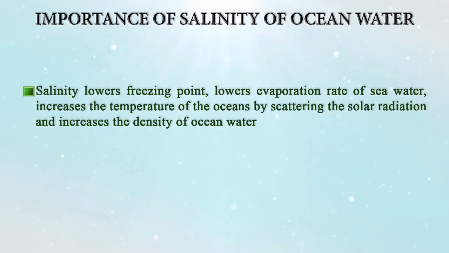Let me explain this. Seawater contains dissolved salts, and the most common salt present in seawater is sodium chloride. So when sodium chloride dissolves in water, it forms a stronger bond with water, and to break that bond more energy is required.